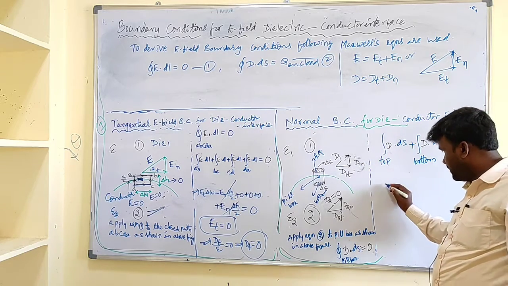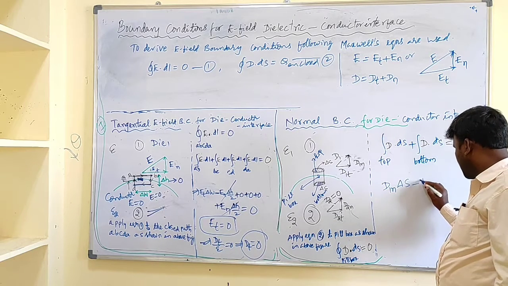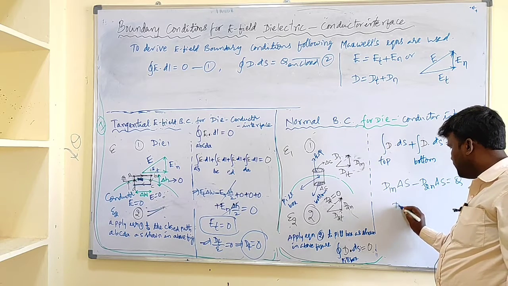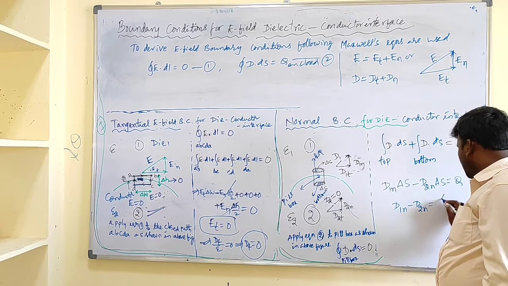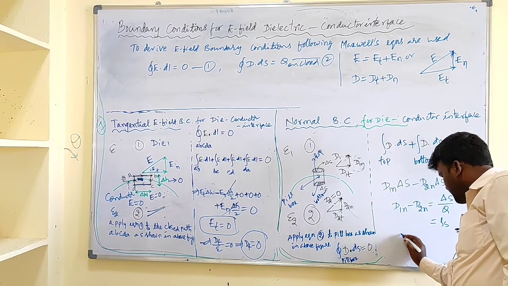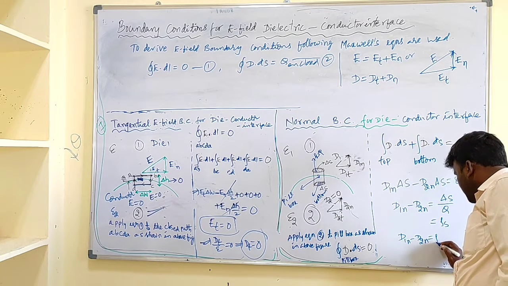For the top we have D1n times delta S, and for the bottom D2n delta S, equal to Q. So D1n minus D2n equals delta S by Q, that is rho s. So D1n minus D2n equals rho s.